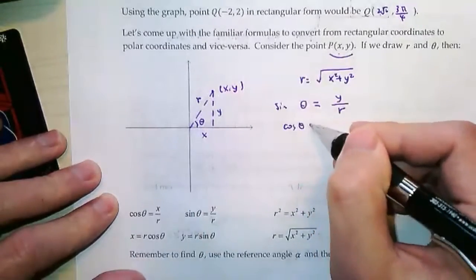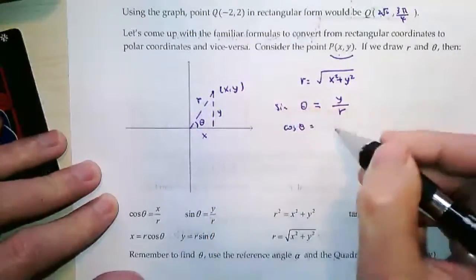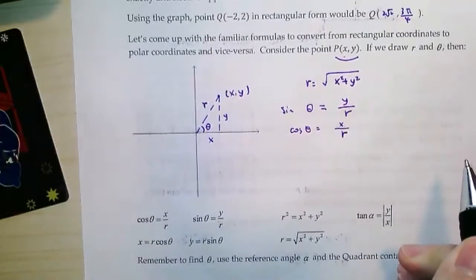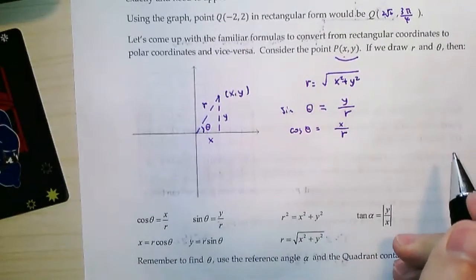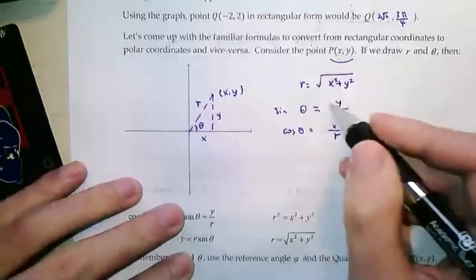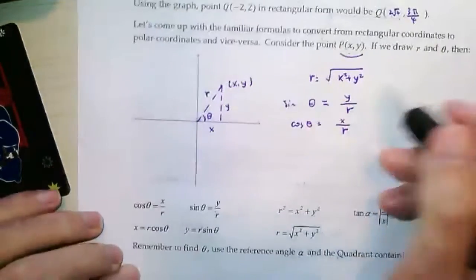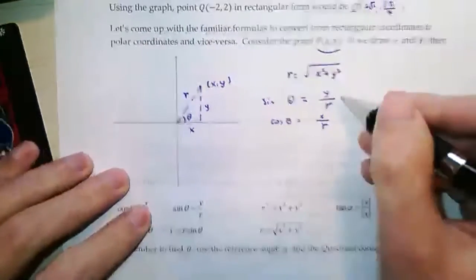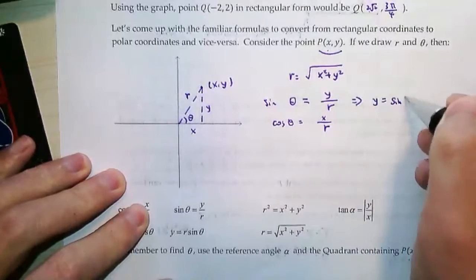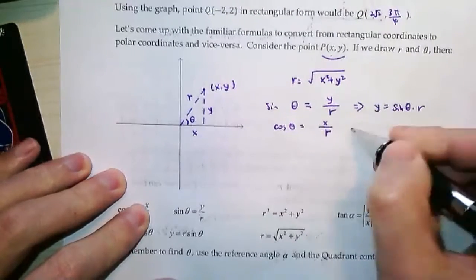Cosine theta is this side, x divided by r. So you can use such a relationship to derive that y equals sine theta times r.